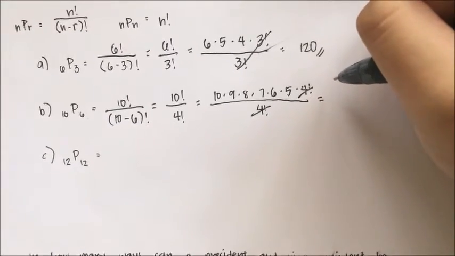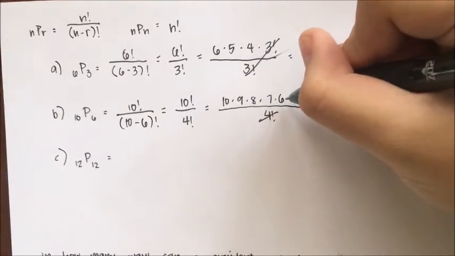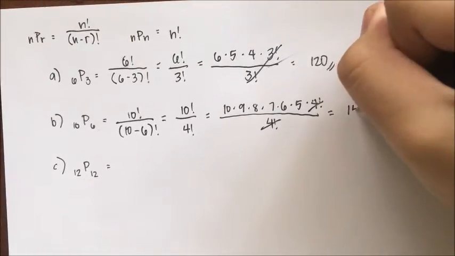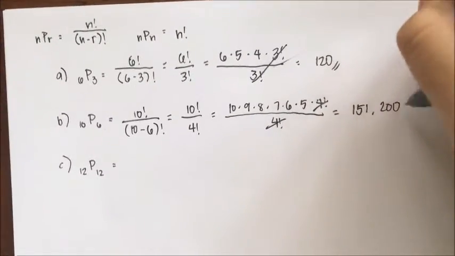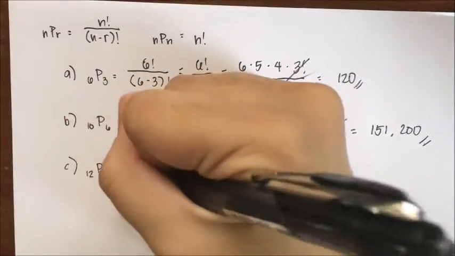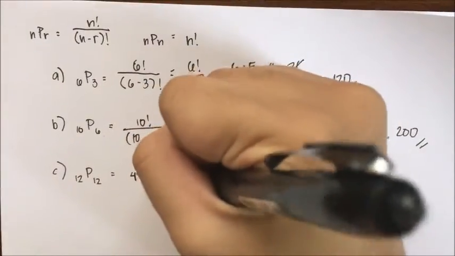Then we're going to multiply 10 times 9 times 8 times 7 times 6 times 5. So that will be 151,200. Not so hard, right guys?